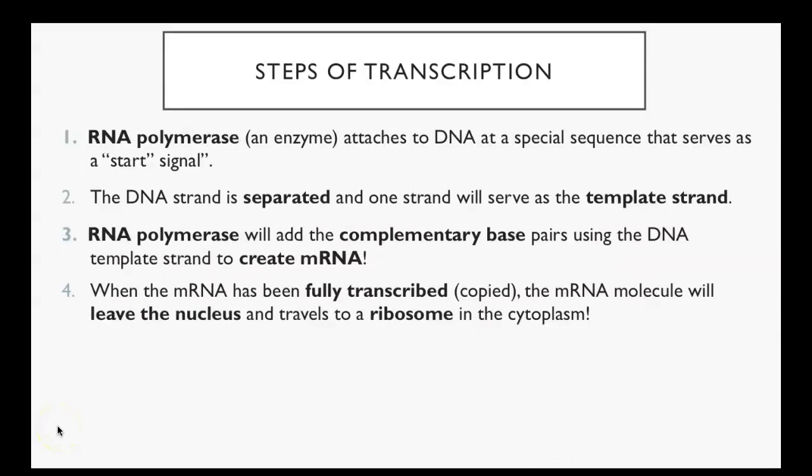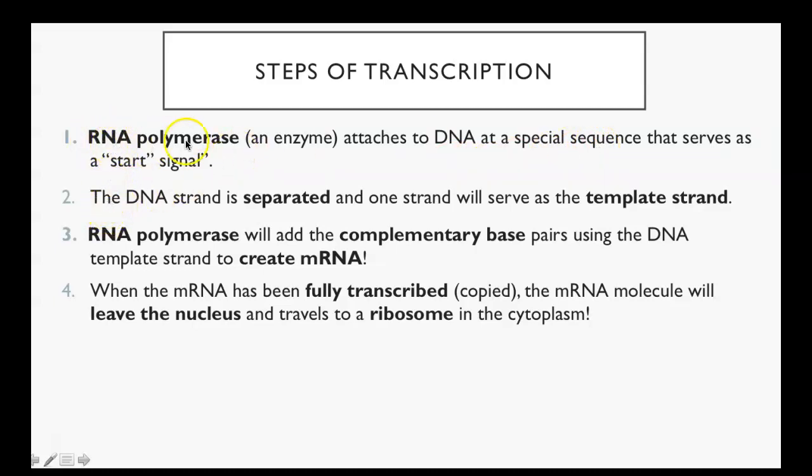On this slide we're going to talk about the steps of transcription and how we make a copy of a specific sequence of DNA into RNA. First, RNA polymerase, which is an enzyme because you see it's ASE, is going to attach to DNA at a special sequence that serves as a starting signal.